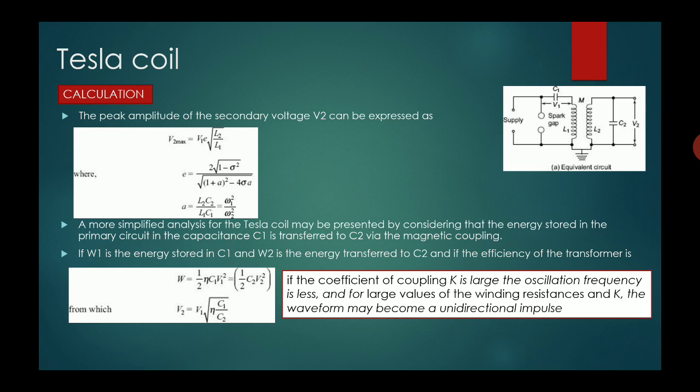The waveform may become a unidirectional impulse. So you have to remember the formula. I will explain the background calculation of the Tesla coil in another chapter, another class. As of now, keep these values in mind.